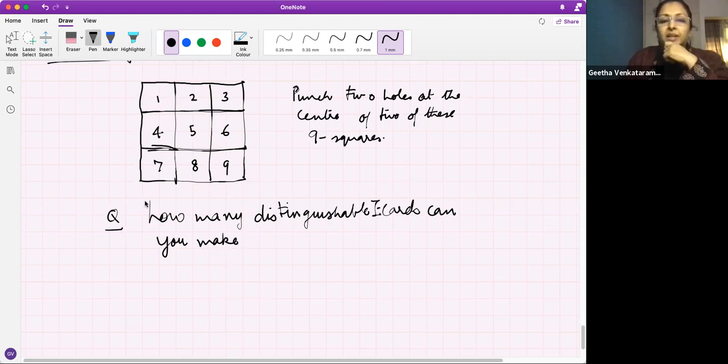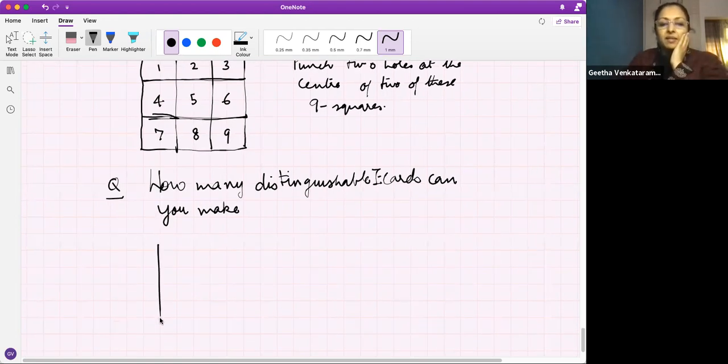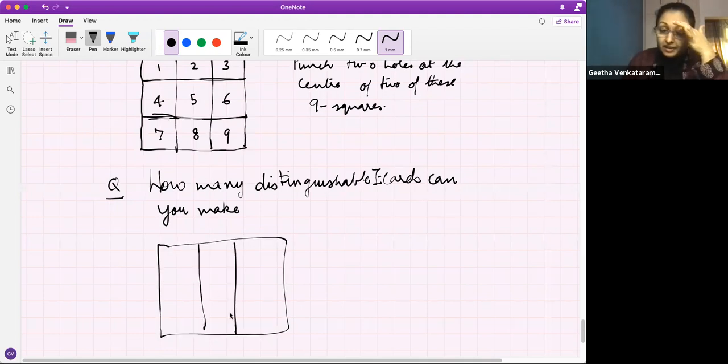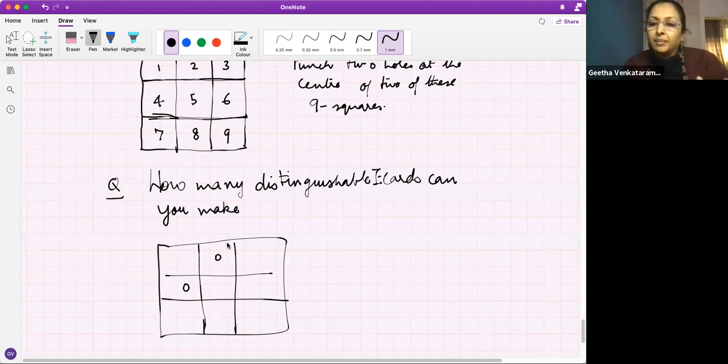Now, what does this mean? See, the point is that suppose I had a plastic card where I had a hole in these 2 places. All right. Now, if you think of this square, when you're looking at the symmetries of a square, you know that you have 4 rotations and 4 reflections, right?